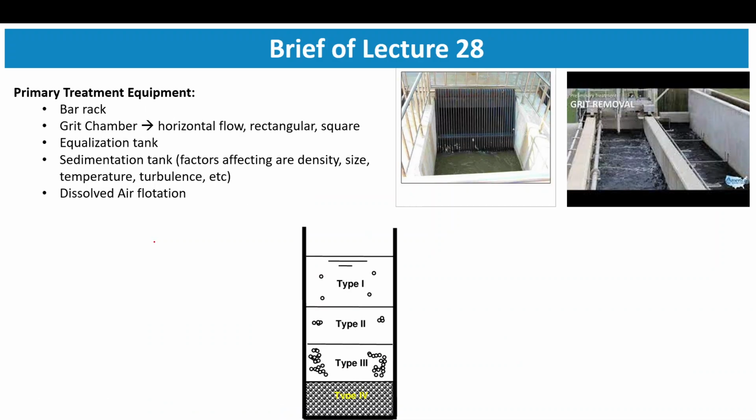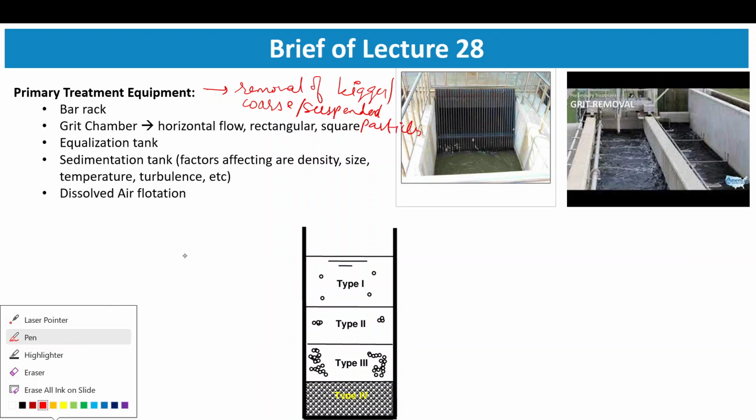Now, if we start with primary treatment, primary treatment majorly involves removal of some bigger or coarse, or even small suspended particles, etc. So all of these we are targeting.